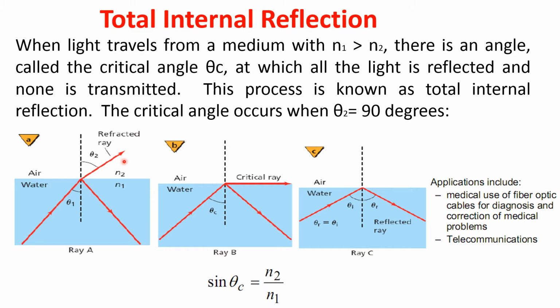But then we increase this angle of incidence theta 1 to a given angle such that this refracted ray makes an angle of 90 degrees with the normal. Here we have the normal. This broken line is the normal to the plane. If the refracted ray makes an angle of 90 degrees with the normal, meaning theta 2 equals 90 degrees, then this angle of incidence is called the critical angle of incidence.